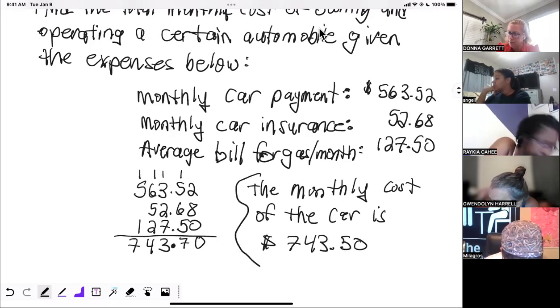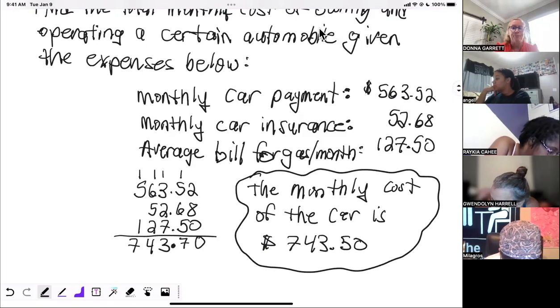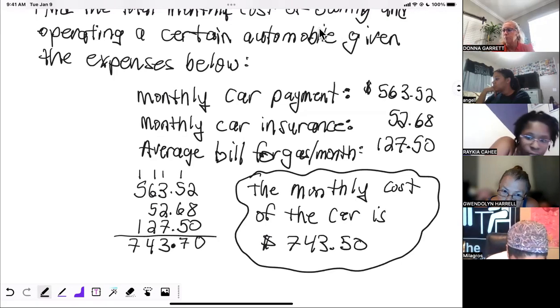That's a lot of money. I just want to show you one real life problem that we can all relate to. Something that uses decimals. Money's always decimals, so we use decimals all the time.